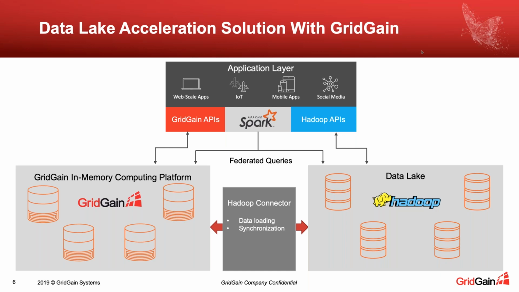And the whole goal of this architecture is to show that there are several main pieces: GridGain, Hadoop, the Hadoop connector, and your application layer. Then it's up to you to decide how the data would flow, how the data will be the primary source.